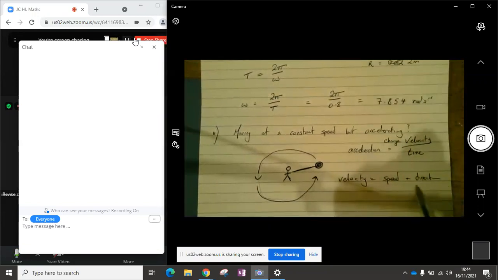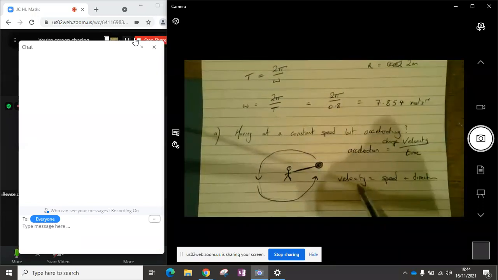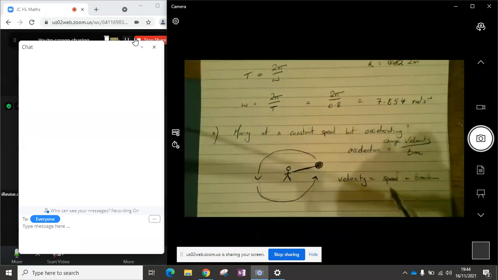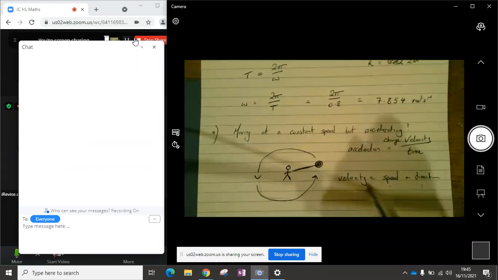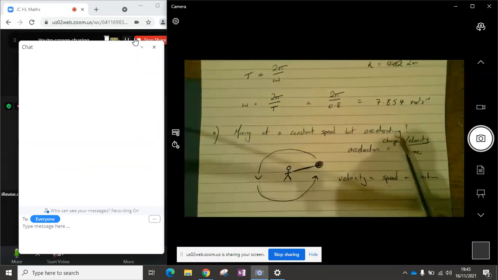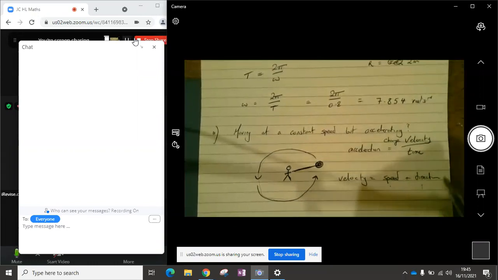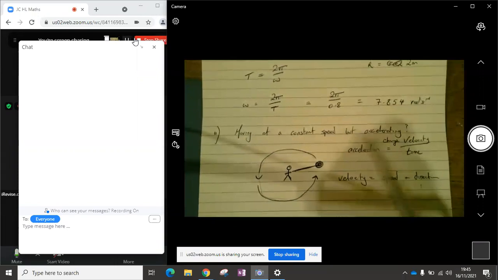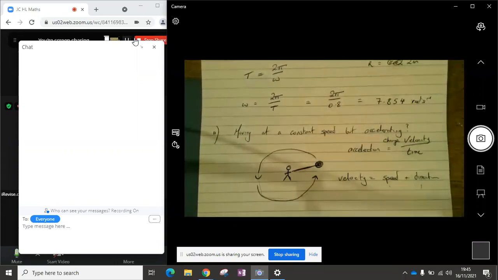So if the direction changes or the speed changes, the velocity changes. A change in velocity therefore creates an acceleration. If the direction is changing constantly, the velocity is changing, so it is always accelerating, even though it's going around the circle at the same speed.